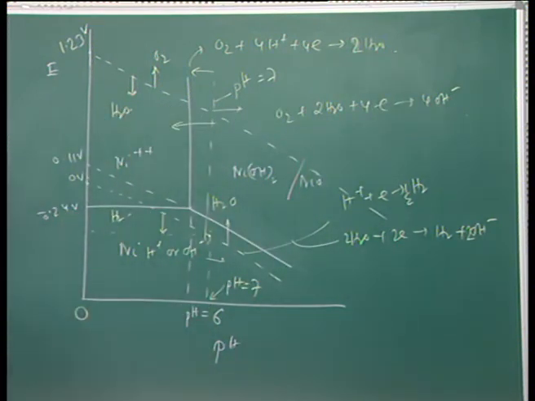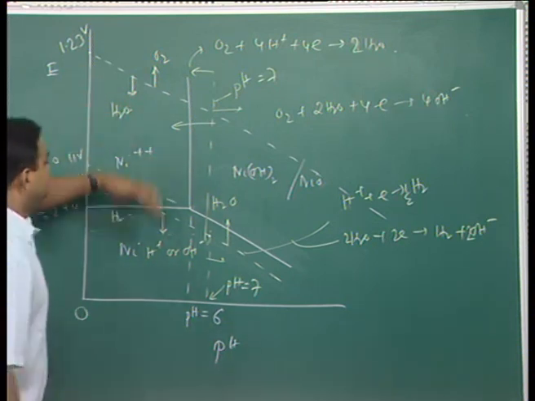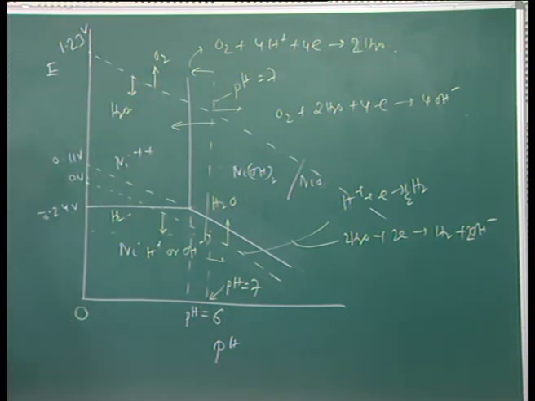So, now we see that from these four reactions which involve H plus, O2 and H2O, we can pinpoint the stability zone for water, and that is called the water stability line or H2O stability region, and these are the two water stability lines.